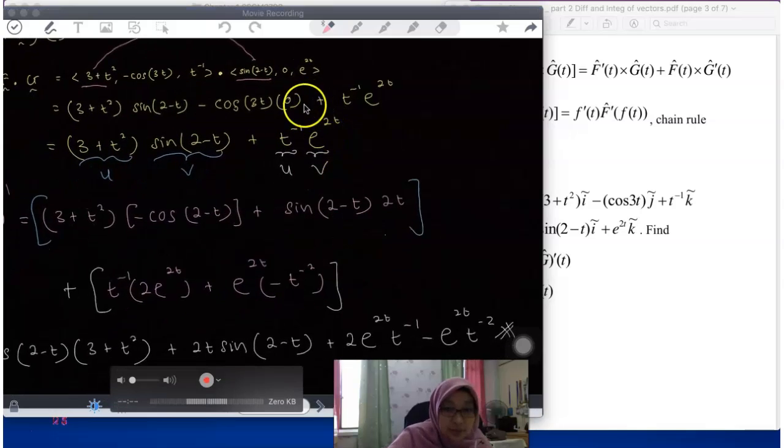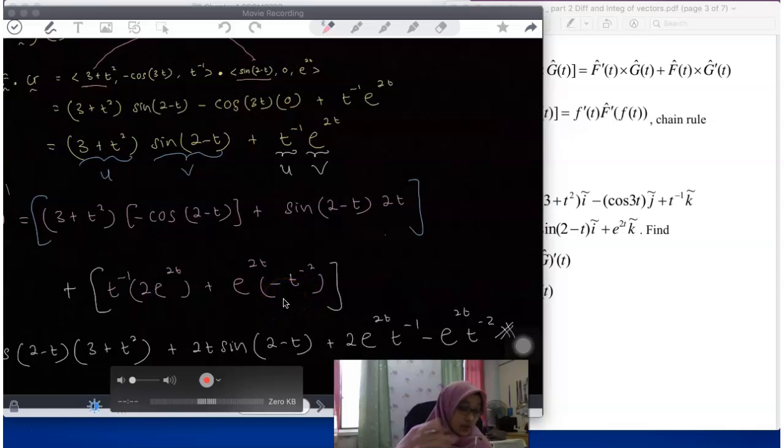Down here, for the second term, the first part is uv prime. u is maintained and does not change, and v prime, you differentiate with respect to t. So e to the 2t, differentiating the 2t, you get 2. That's why we have 2 here. Plus v u prime. So v here and u prime, you differentiate t to the minus 1, and we get negative t to the minus 2.